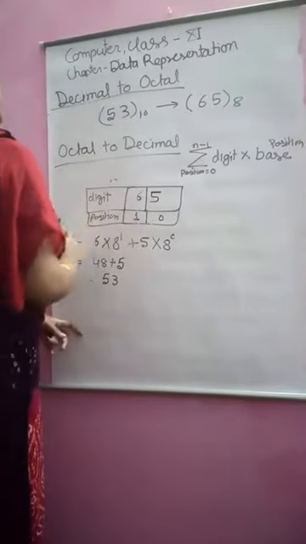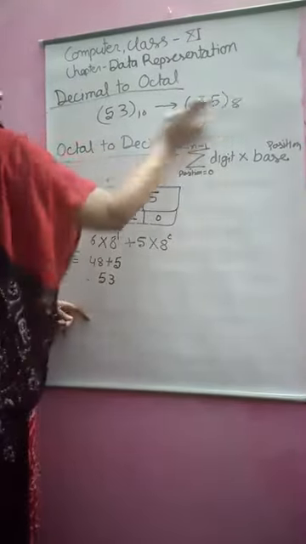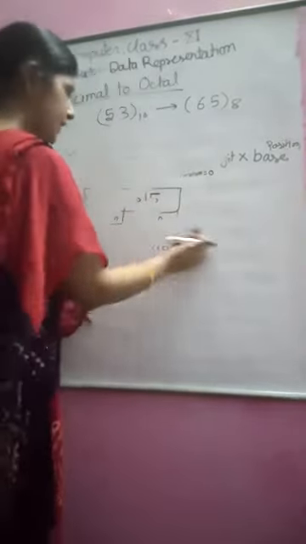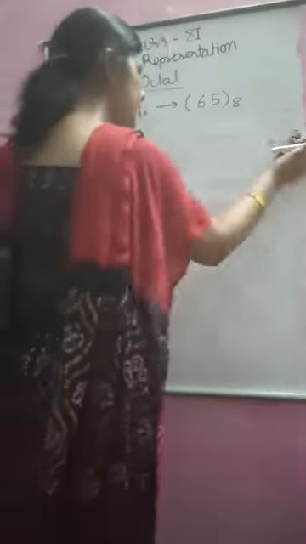Okay. Now, we have converted from decimal to octal. Now we will convert from octal to binary.